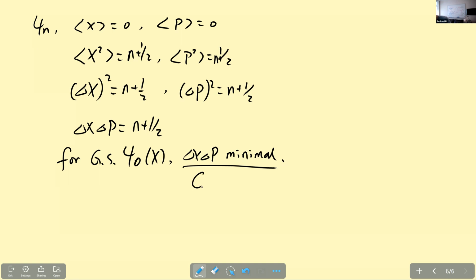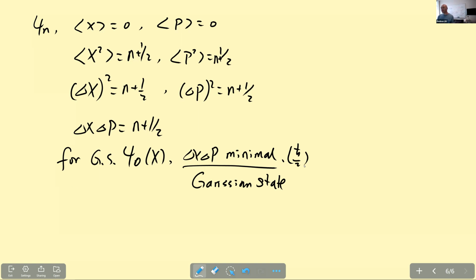That's why it's a Gaussian state. We know that if you have a Gaussian wave function, the combined uncertainty of position and momentum is always a minimum, which is h bar over 2 if you recover the units.